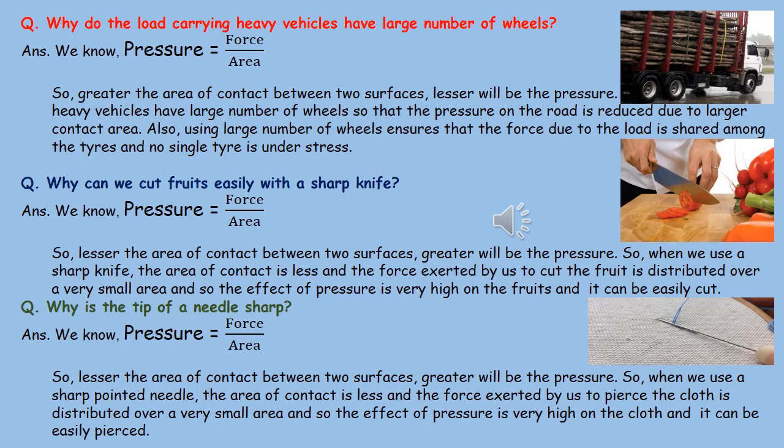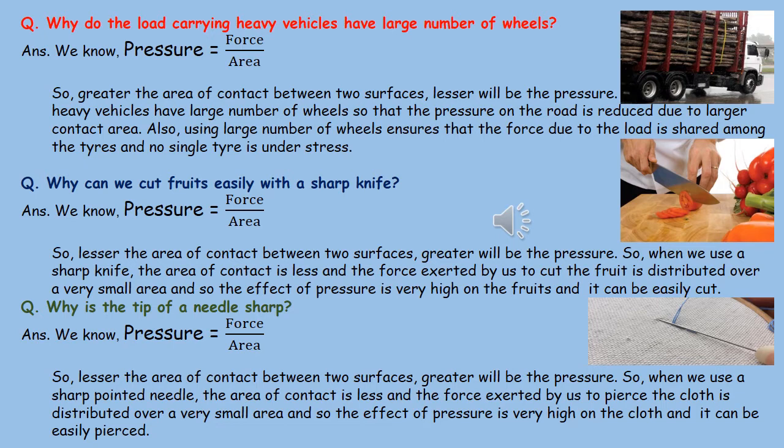So the effect of pressure on the vegetable is quite high, so that it can be cut very easily. For a blunt knife, the area increases, so the pressure is decreased.